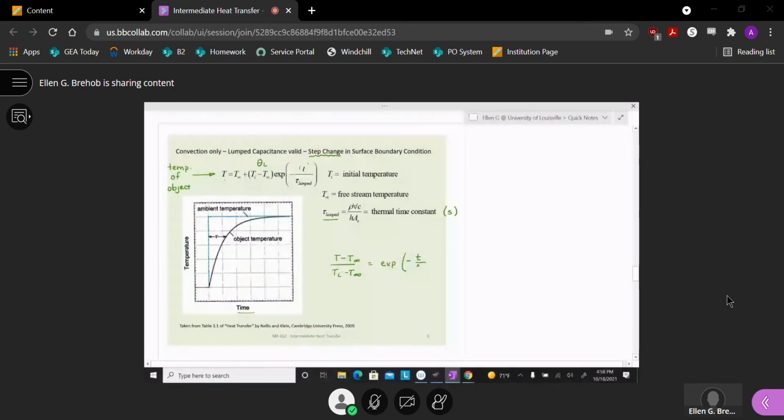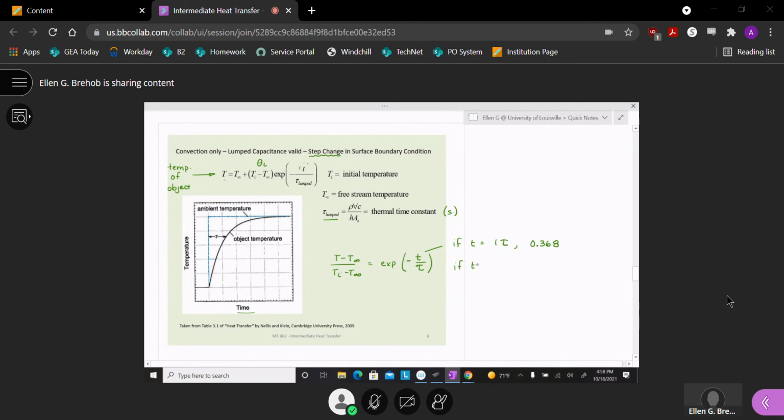But let's say if t is 1 tau, then this ratio (T minus T infinity) over (Ti minus T infinity) is equal to 0.368.